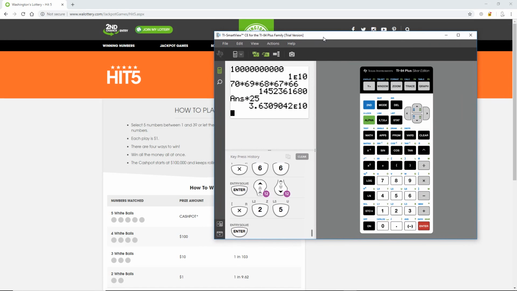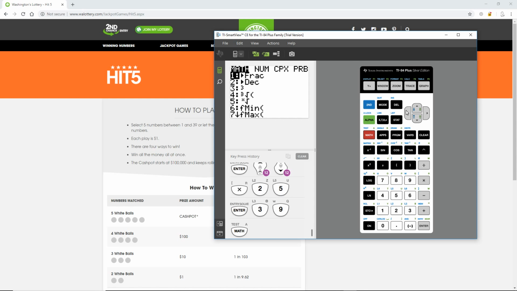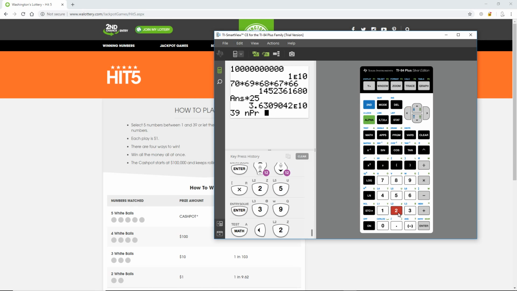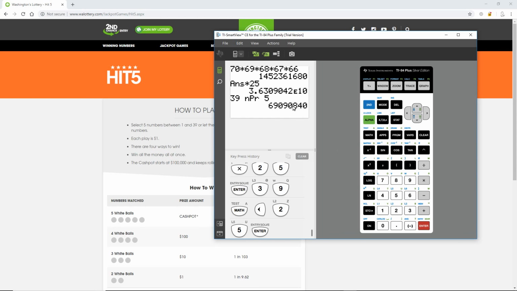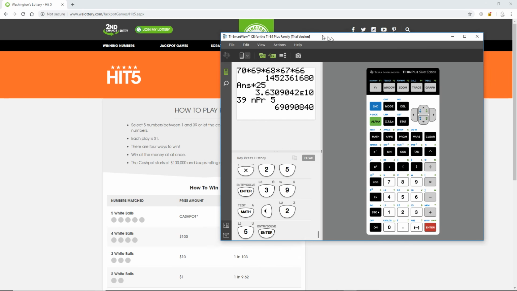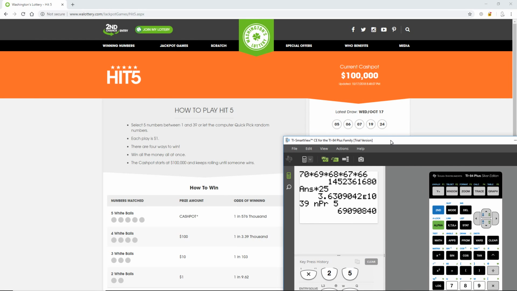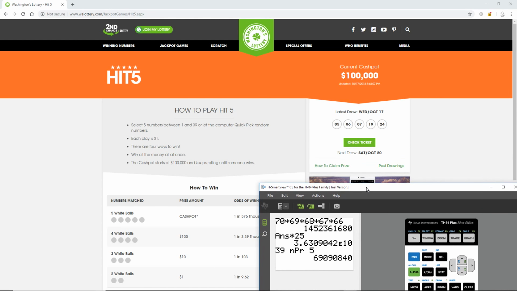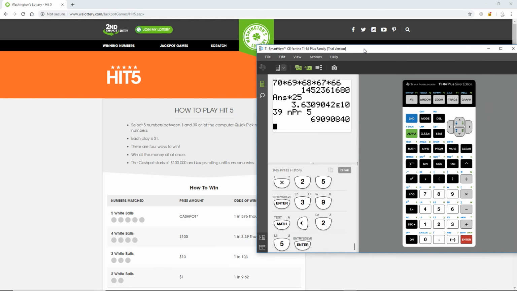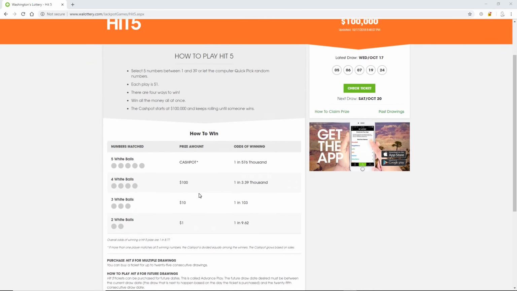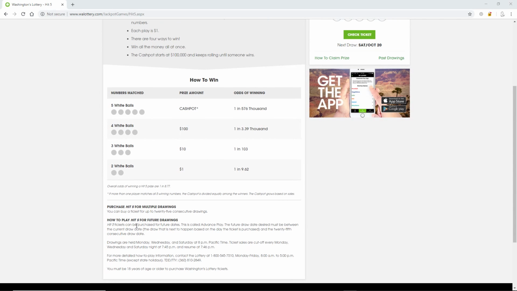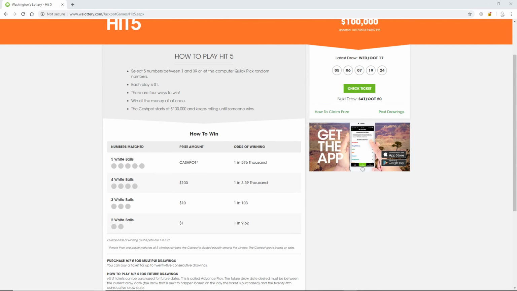But if we pull out our calculator and do 39 P 5, I get 69 million. So it's 1 in 69 million. I don't know where they're getting their odds from. Pretty interesting. I think they somehow might have changed how they're calculating their odds.